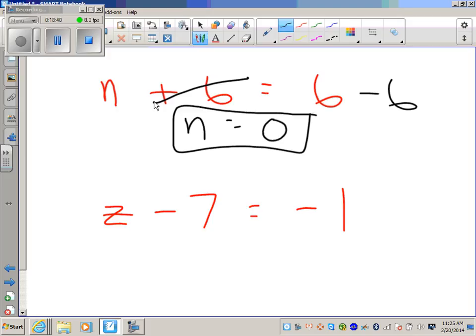Here, z is our variable. What's currently happening to z? We're subtracting 7 from it, so the opposite is going to be adding 7 to both sides. Add 7 here.